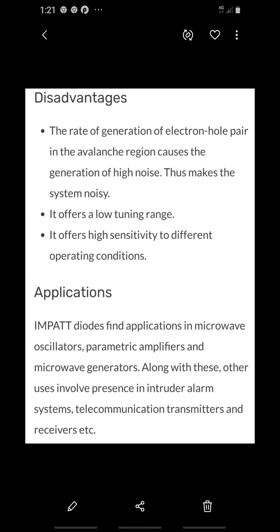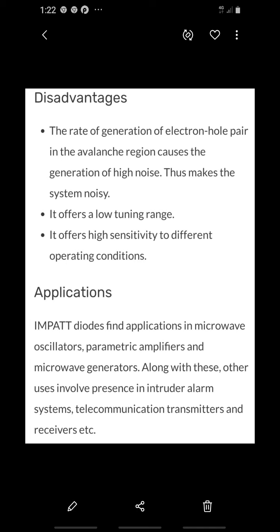Next, disadvantages. The rate of generation of electron-hole pairs in the avalanche region causes the generation of high noise, therefore making the system noisy.